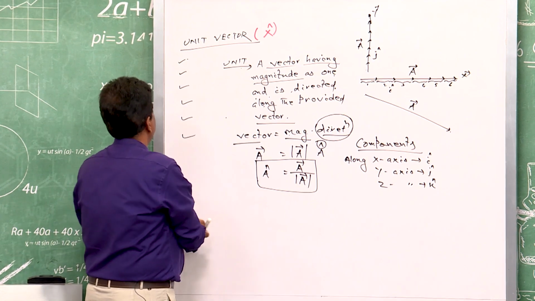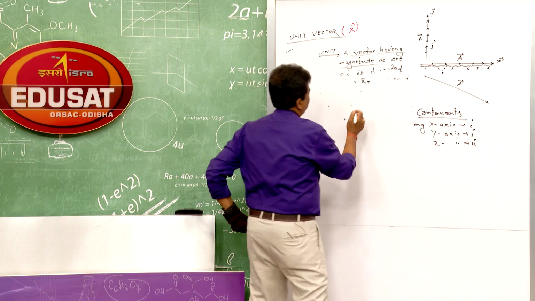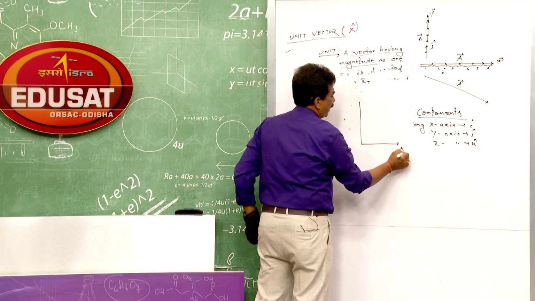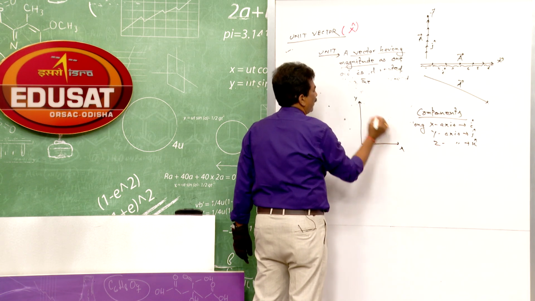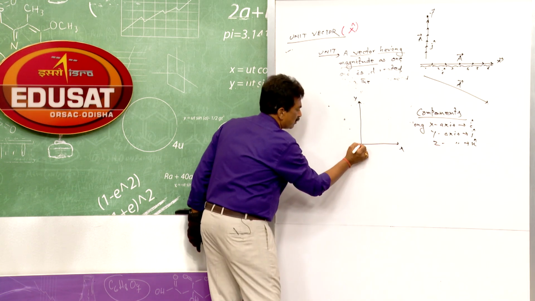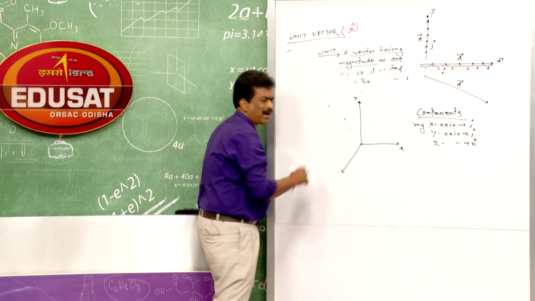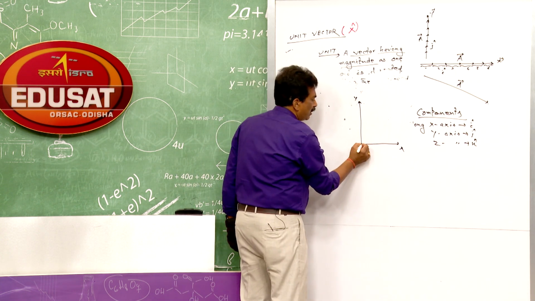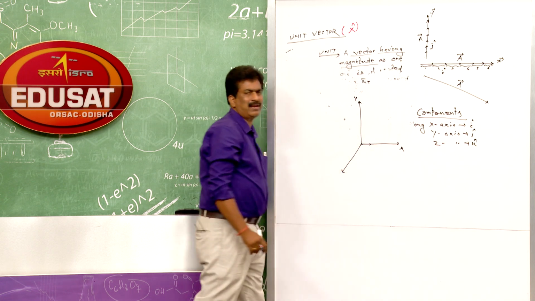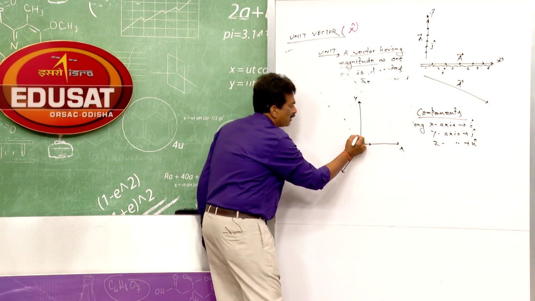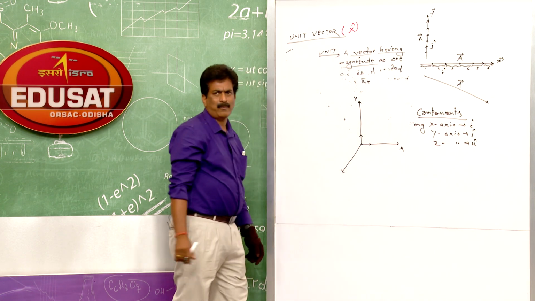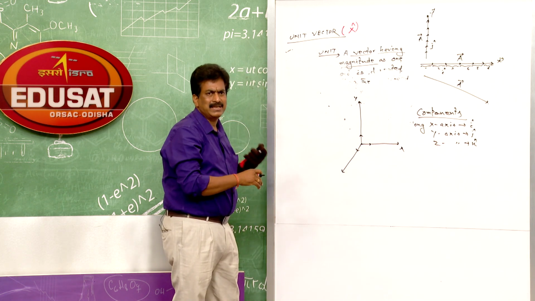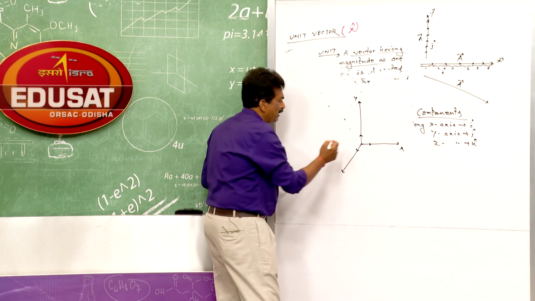Let us see that. Suppose we have taken 2 dimensions, this is x, this is y, and then we go for the third one, this is z. So, if the unit vector is taken along the x axis, along the y axis, and along the z axis, they have different representations.